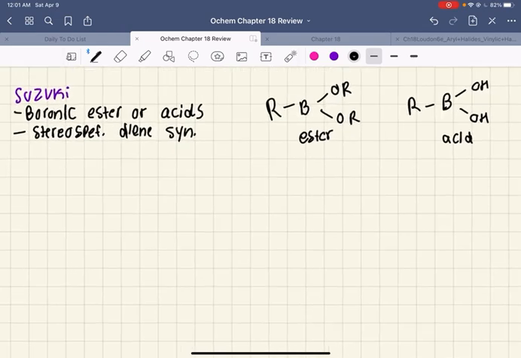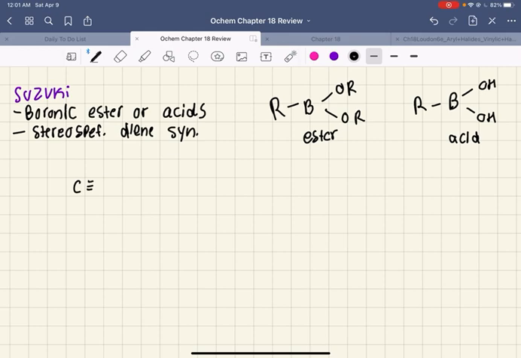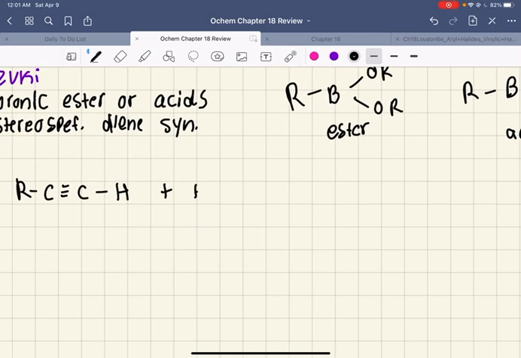So let's take this alkyne here, and then we're going to couple it with this complex. It's a boronic ester.